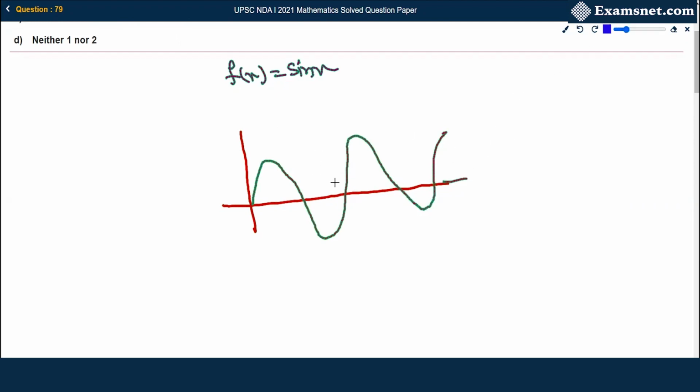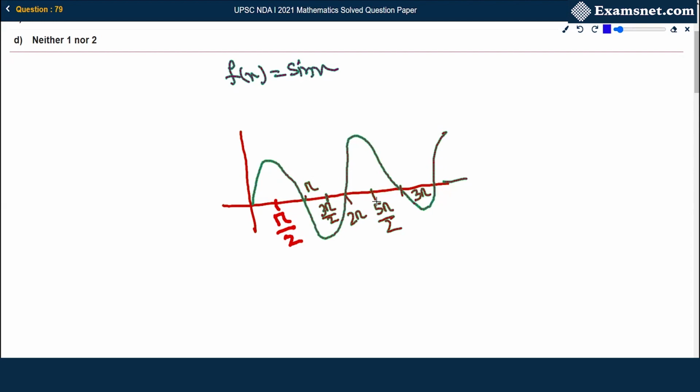Now look, here pi by 2. Next here pi. In this point 3 pi by 2. Here 2 pi. In this point 5 pi by 2. Here 3 pi. Okay, so this is the graph.